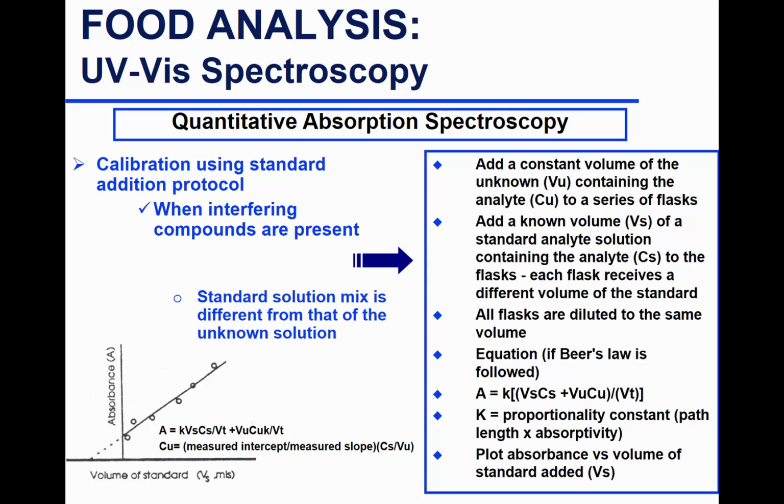So let's say you want to prepare a standard curve with 5 different standard concentrations. So you have your volumetric flasks where you're going to prepare your samples, dilute your samples, and also prepare your standards. In all of them, you add the same volume of your unknown.